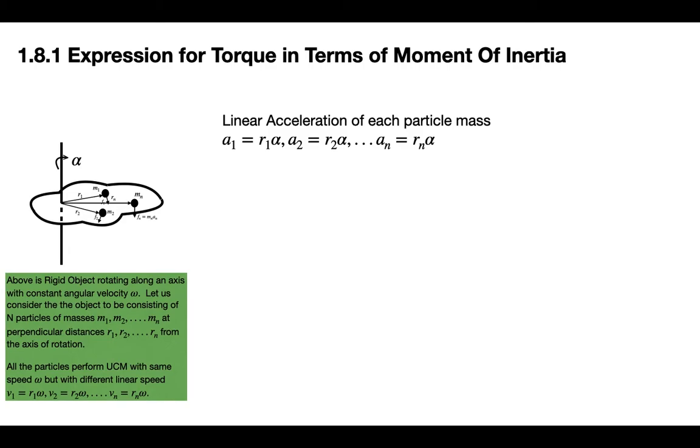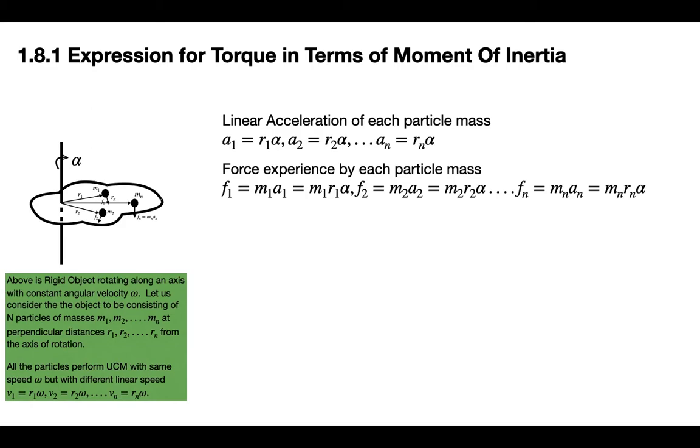In this case it is revolving around that axis with an angular acceleration alpha. So the linear acceleration of each particle is a1 equal to r1 alpha, the linear acceleration of the second mass a2 is equal to r2 alpha, like that.